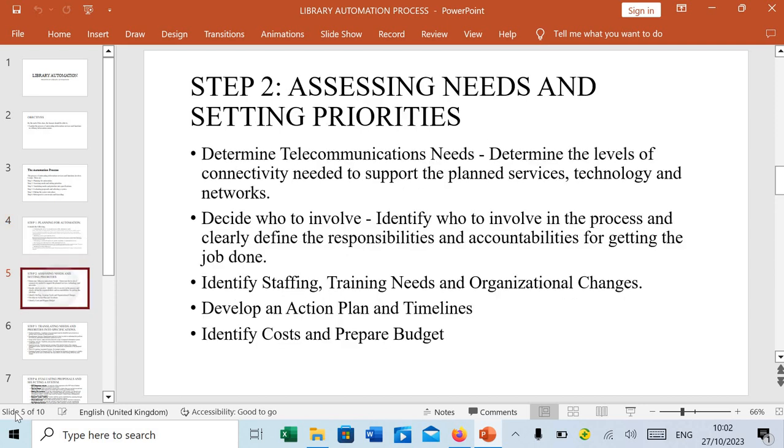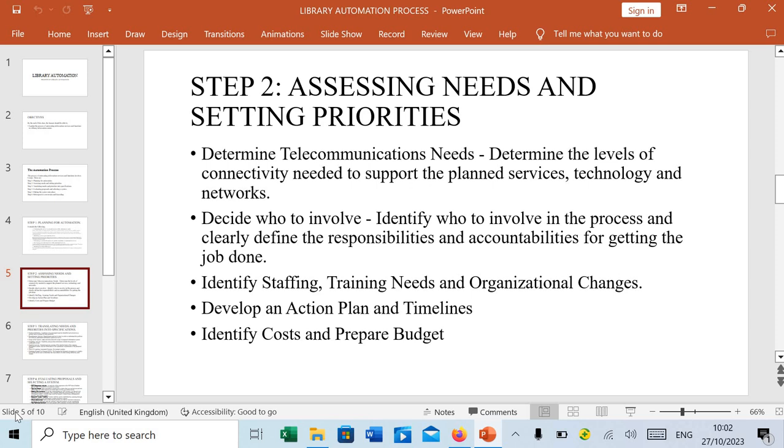Then we go to step 2, which is assessing needs and setting priorities. We are supposed to determine the telecommunication needs, the levels that exist.